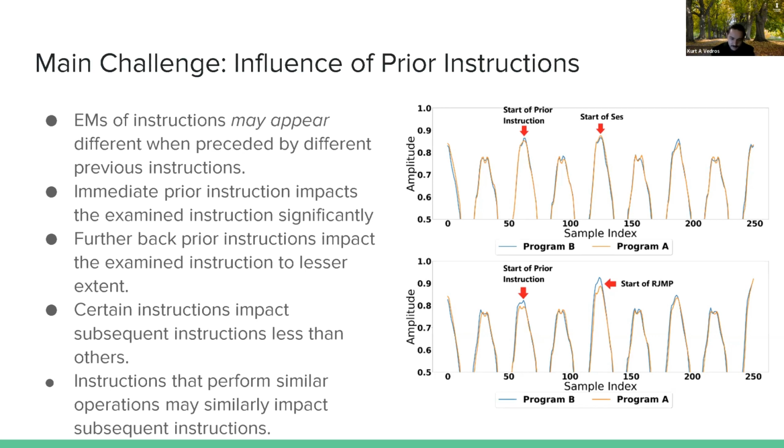The amplitude of the two different prior instructions is dissimilar, and as such, the influence on the next instruction, which is a similar instruction between Program A and Program B, is very different. We also note that the further back the prior instruction, the less it impacts the examined instruction. Furthermore, certain instructions impact subsequent instructions less than others.